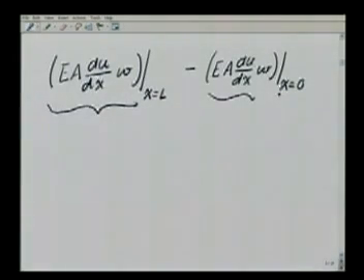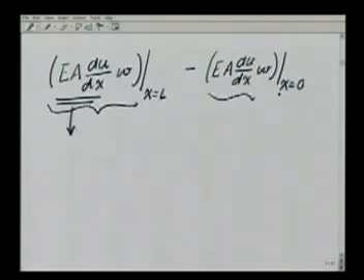Now in the model problem, at this end EA du/dx is the force given by a value P, while at the end x equal to 0 EA du/dx is an unknown term, but at the end x equal to 0 u is known.